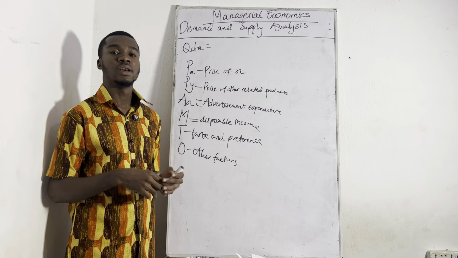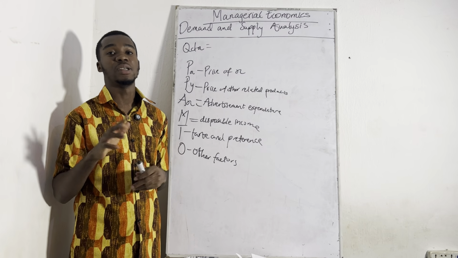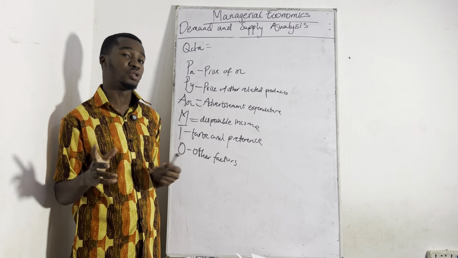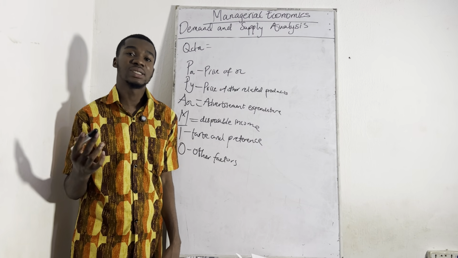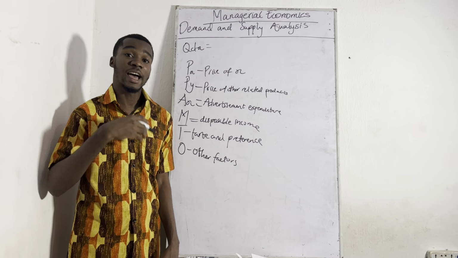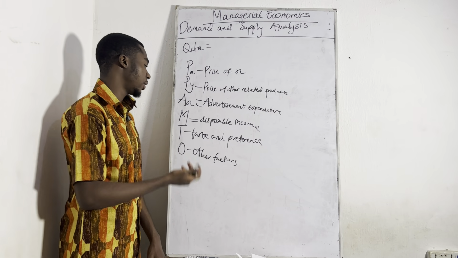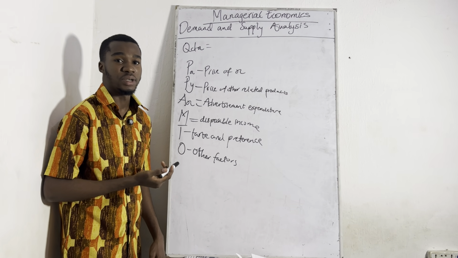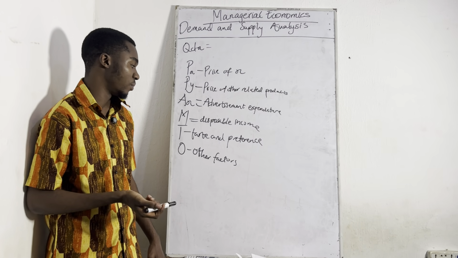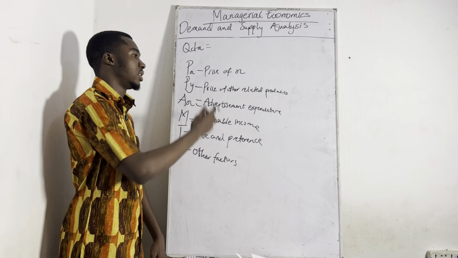For inferior goods, when their income reduces, that's when they buy more, like gari, chocho, and all that. But for normal goods, when the income increases, that's when they buy more, things like an iPhone, a Bugatti, anything luxury. Now, the T is the taste and preference, where if you have taste for it or you prefer it, you're going to buy more. Then other factors, which is 0, so any other thing that is not related to this.